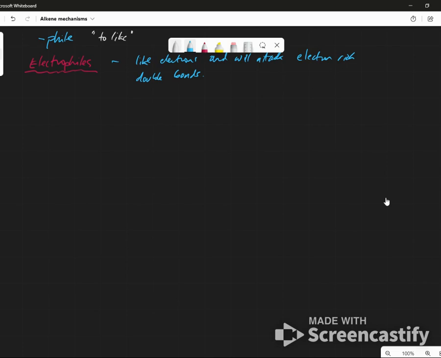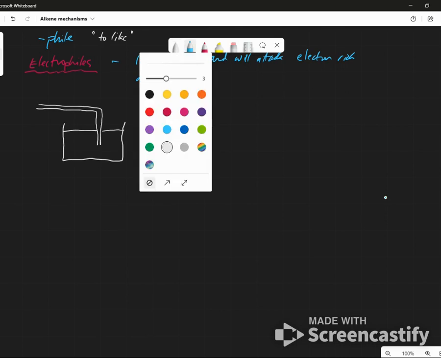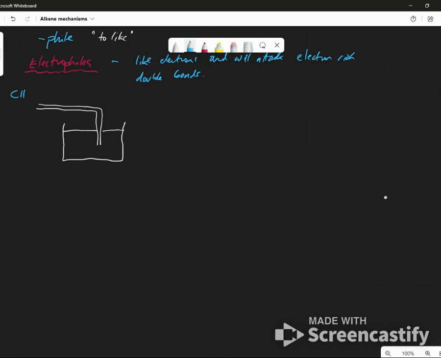All right, now let's have a look at the reaction that you've probably seen before. Okay, there's a beaker. And I'm going to pass my gas, and the gas I'm going to pass is CH2=CH2. CH2=CH2, if you remember from yesterday, is a fancy way of saying ethene, and it's unsaturated.